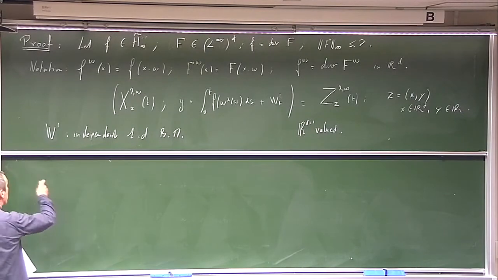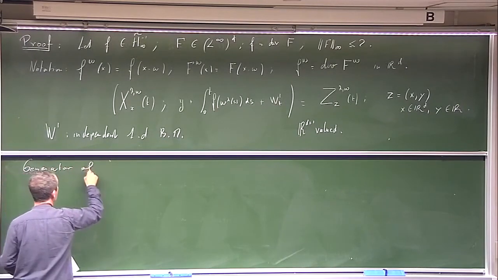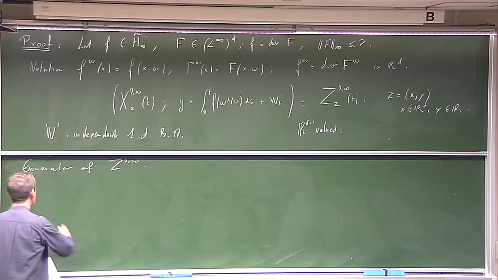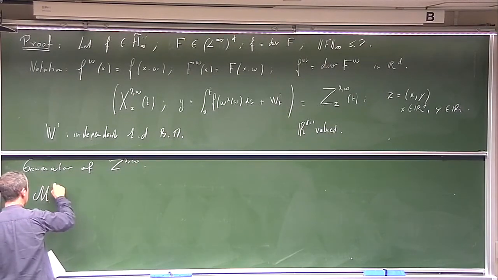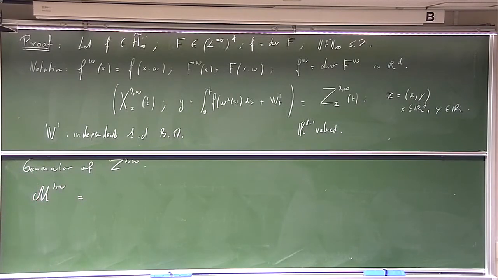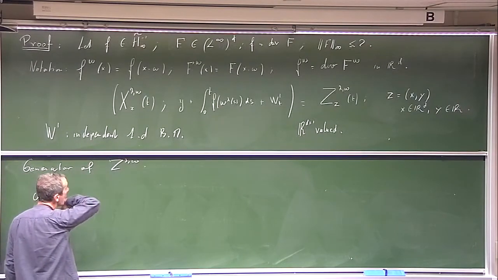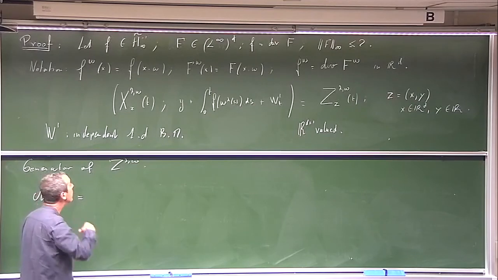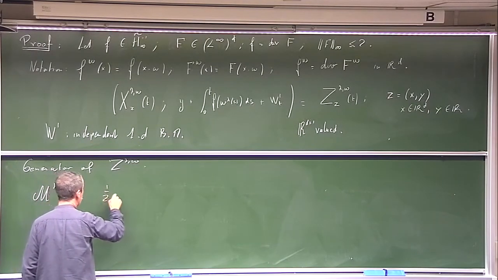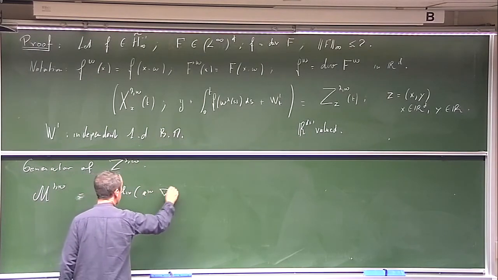So let us write the generator of the process Z^{lambda, omega}. So this is a certain operator, M_{lambda, omega}. And what is it? So in the x coordinate, it is like the generator of X. So I write it, 1/2 div A_omega grad.